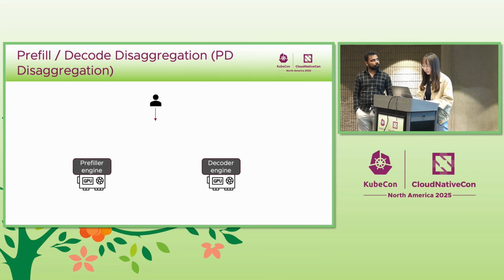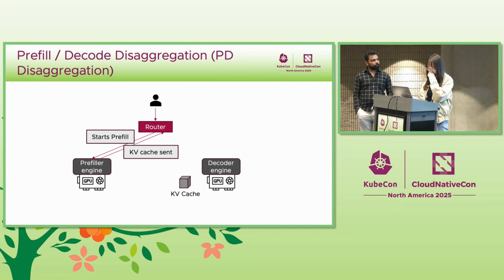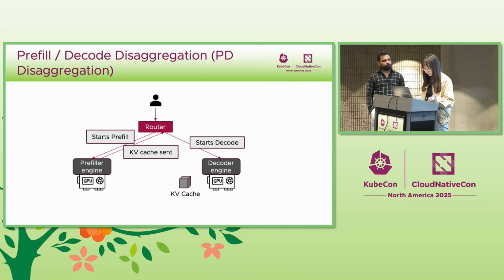If the user sends a request to the router, the router will send a message to tell the prefiller engine to start the prefilling phase. Then the prefill engine will generate the KV cache and send the KV cache to the decoder engine. Then the prefiller engine will tell the router that the KV cache is sent, and after that, the router will send a message to the decoder engine to let it start decoding.